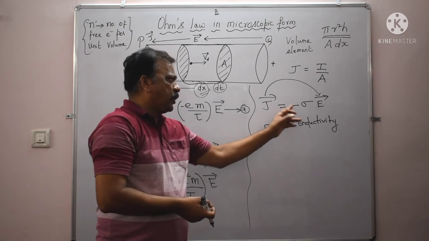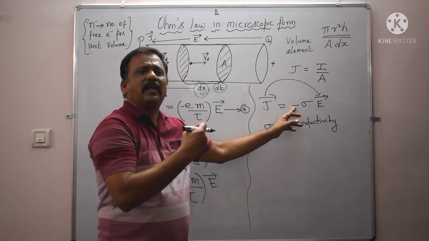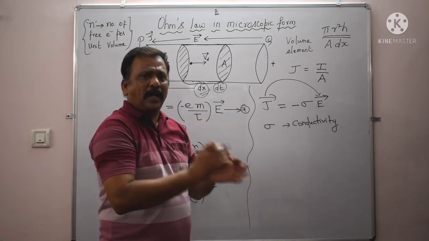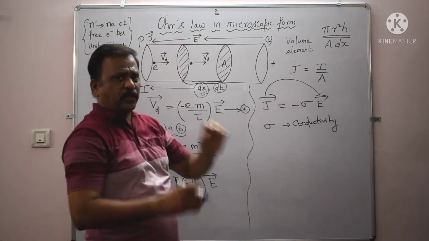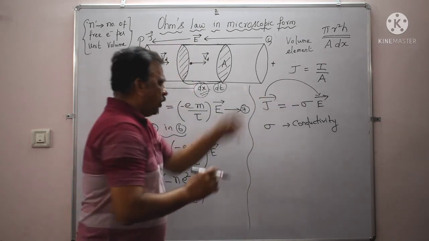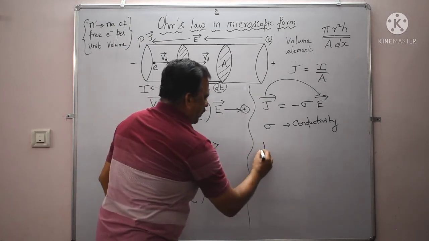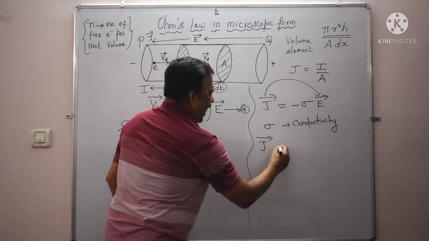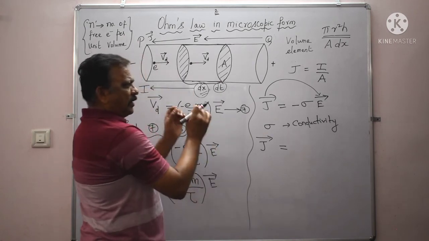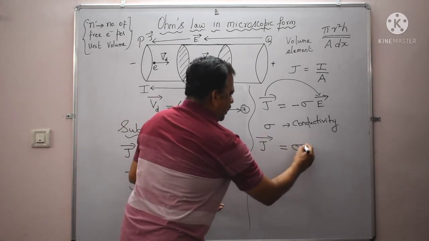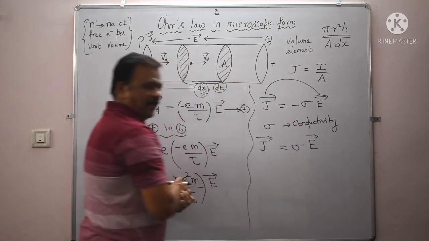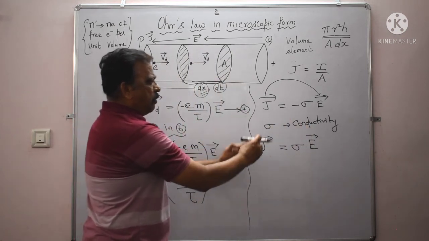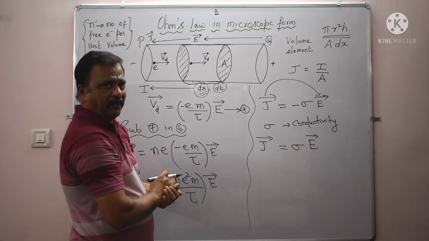So I should remove this negative sign, so that J vector acts along the direction of E vector. So J vector is equal to sigma into E vector.